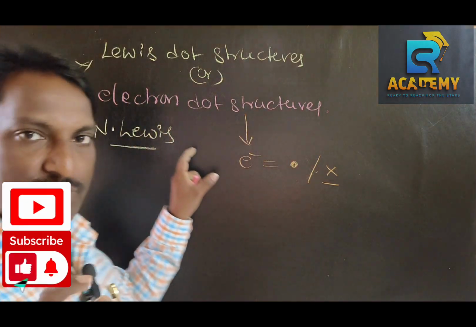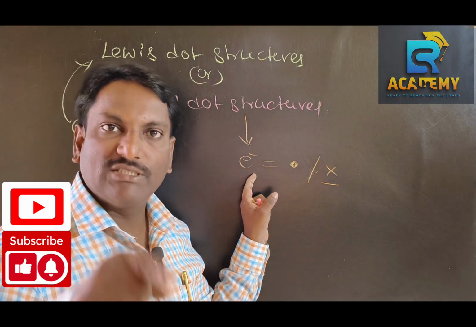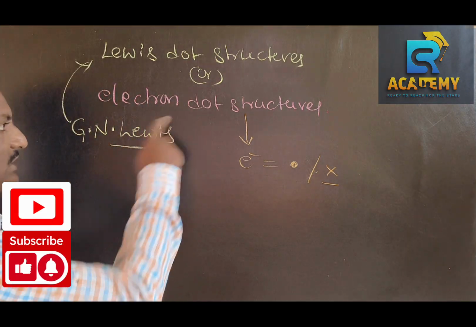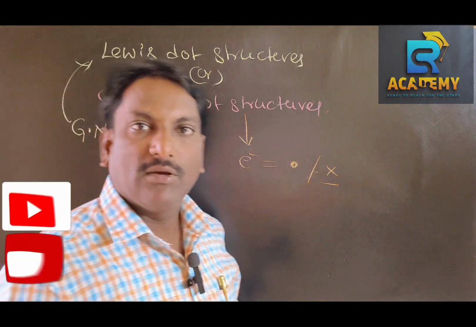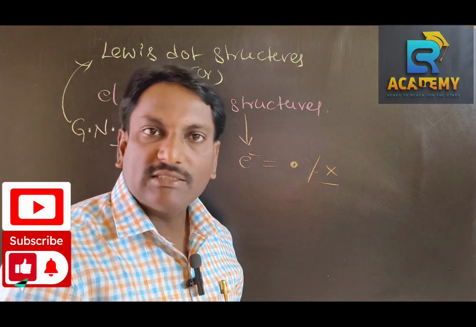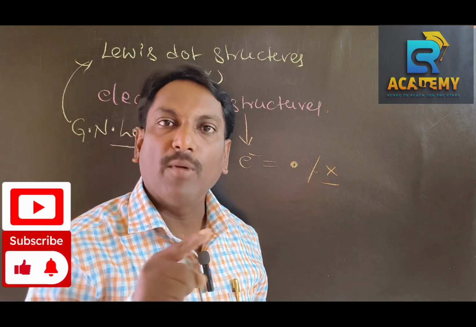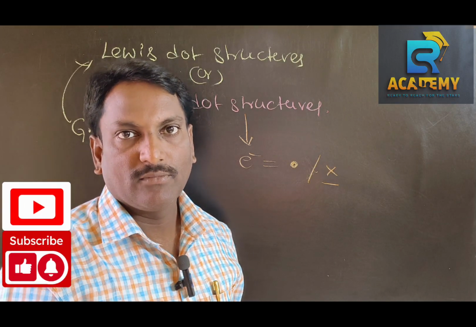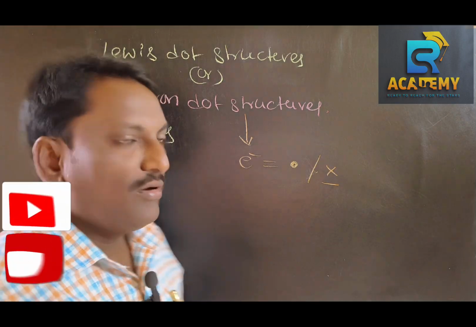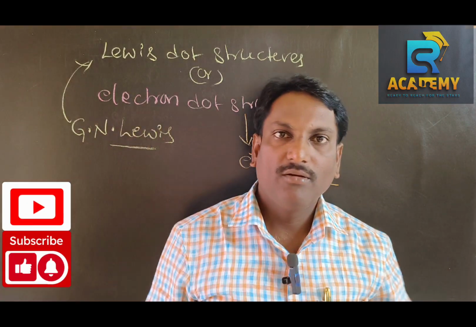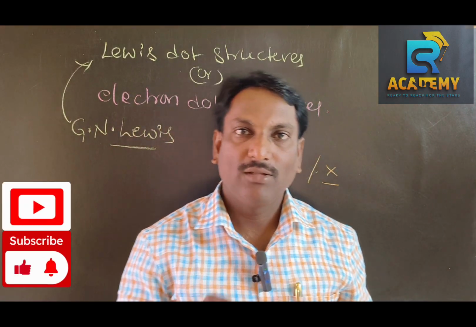These structures are called Lewis dot structures because they were introduced by G.N. Lewis, and electron dot structures because electrons are represented in the form of dots.